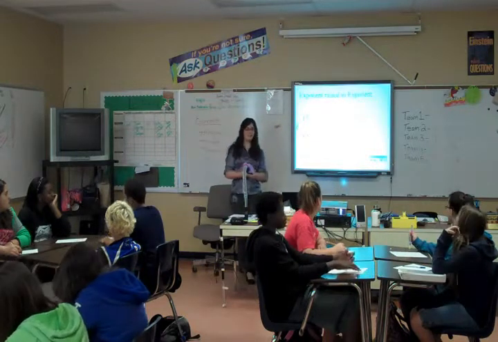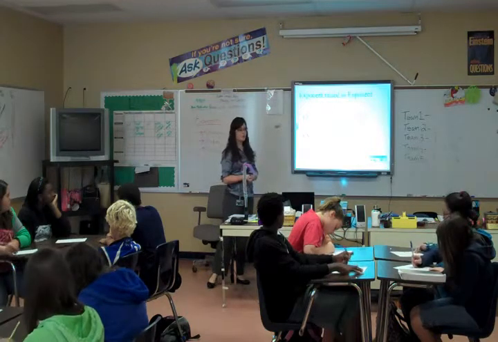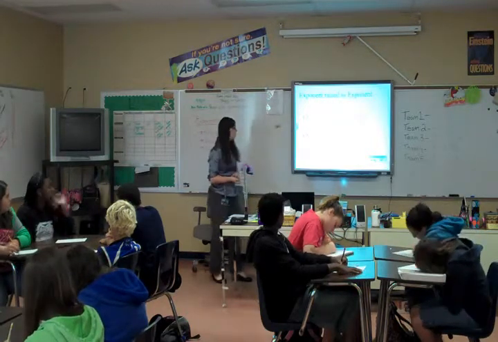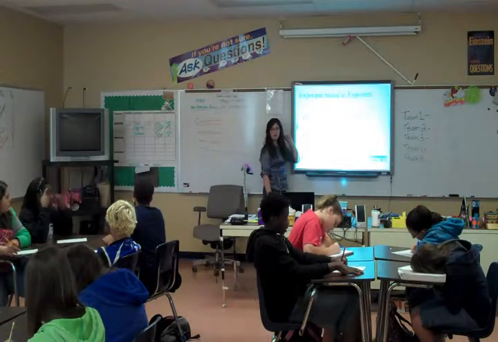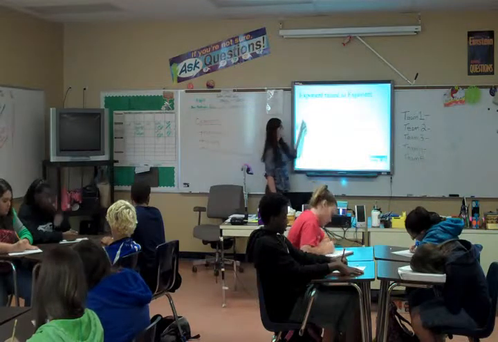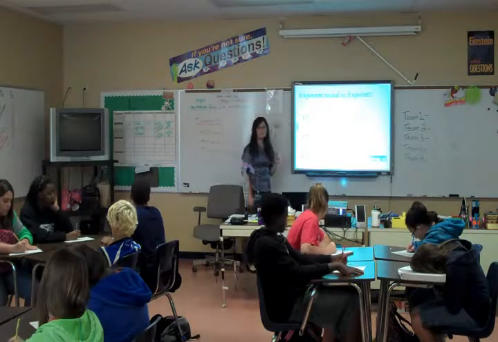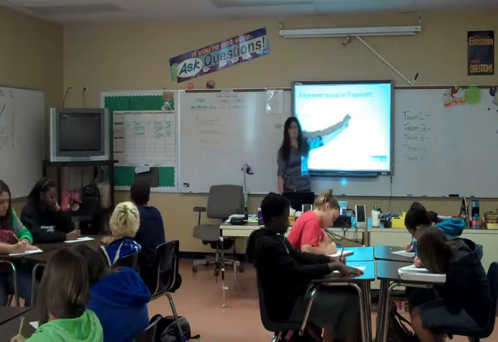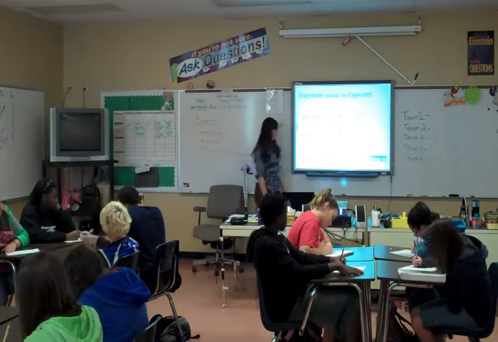Okay, when you have an exponent raised to an exponent, all you're doing is multiplying those exponents. Okay? So look at the first example. You've got 8 to the 4th power raised to the 6th power. You're multiplying 4 times 6. And you get 8 to the 24th power. Okay?